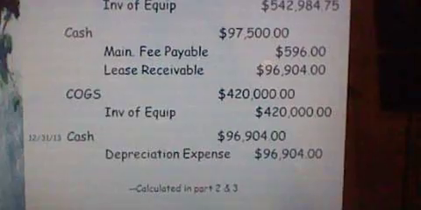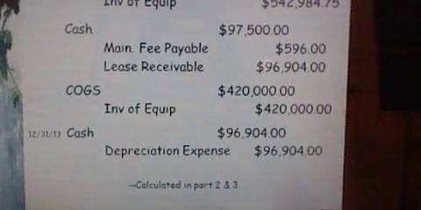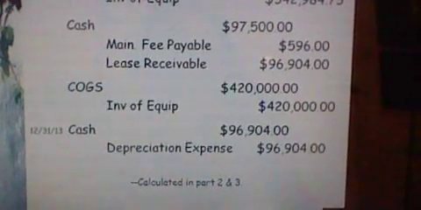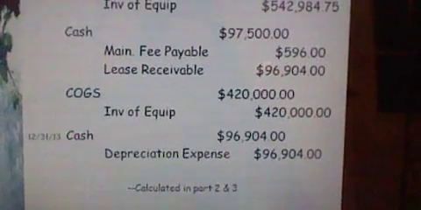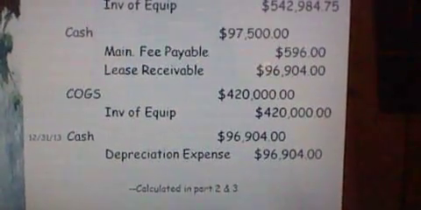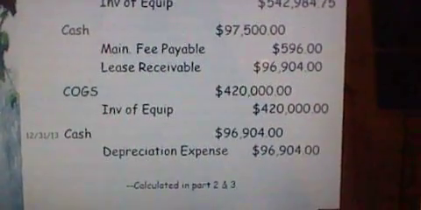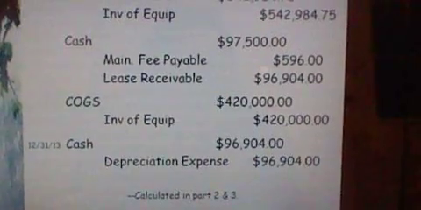Now we come to the last set of journal entries to finish out part 4. And those journal entries are for December 31st, 2013 for Stein, the lessor. There is only one set of entries, and that's for the cash receipt of depreciation expense. And it's going to be a debit to cash and a credit to depreciation expense for $96,904.